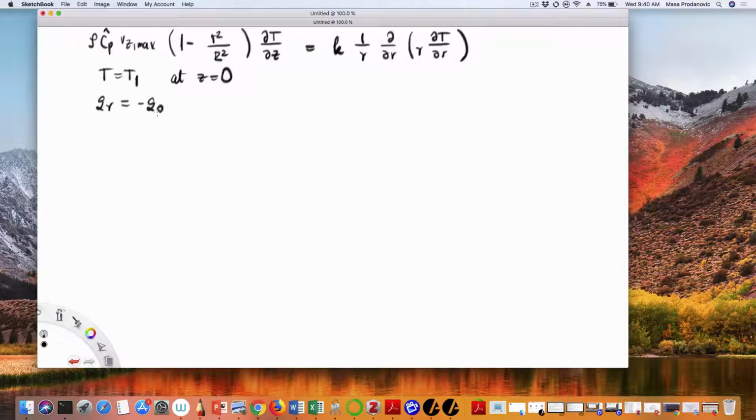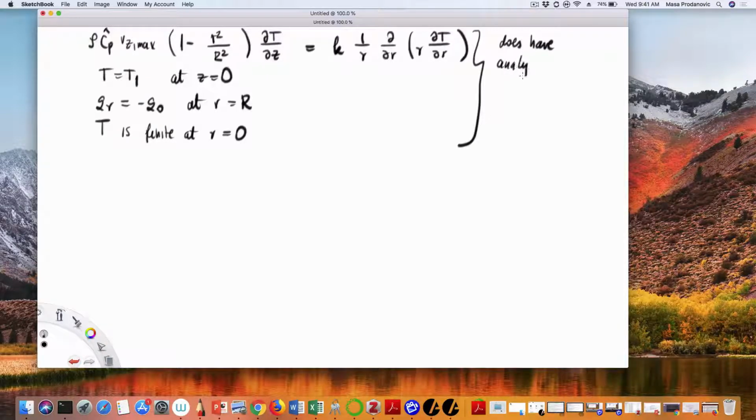Qr is minus Q0 at r equal to R. That basically gives me what dT dr should be at r equal to R. And noting that T is finite at r equal to 0. This then actually does have an analytical solution. We are not going to go into finding it.